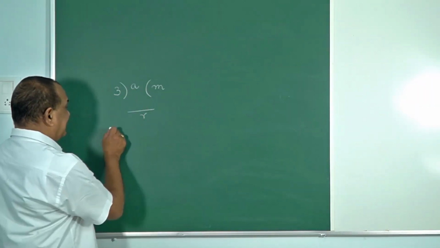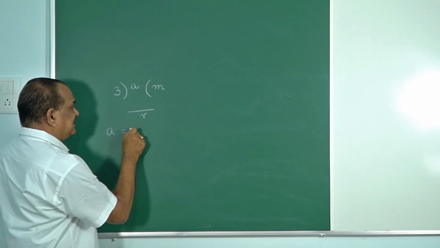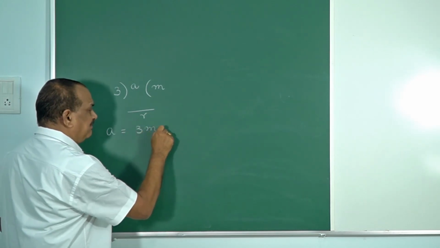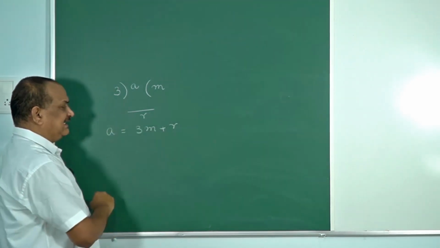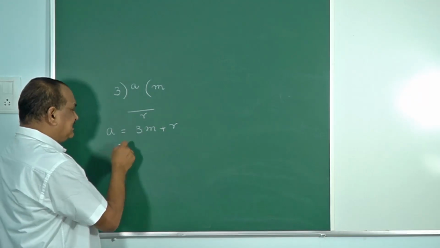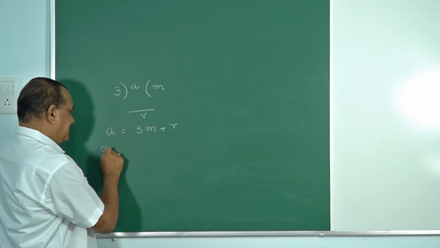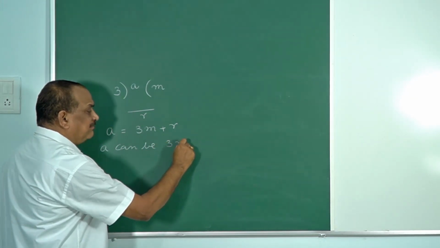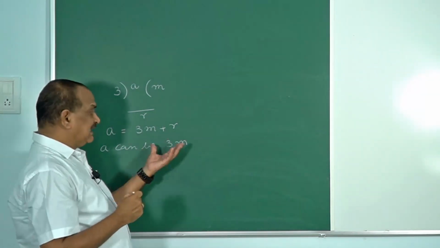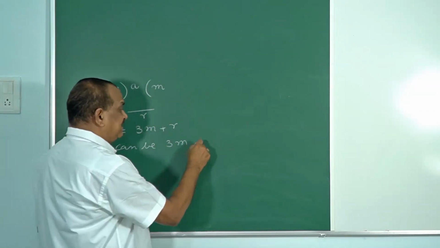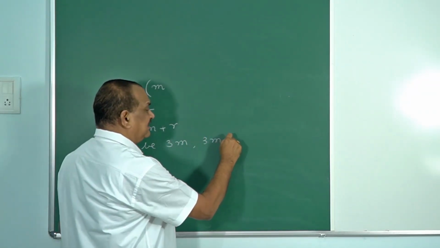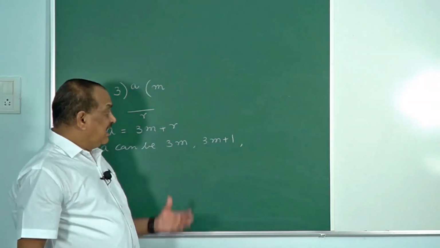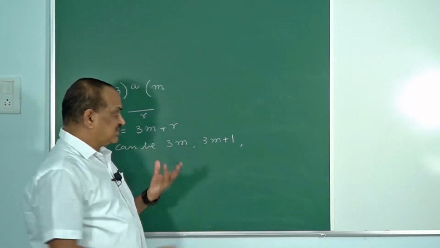Therefore, how do I write this a? a is equal to 3 times m plus r if I write. So what can this be? This a can be 3m plus 0, I don't mention that 0 here. It can be 3m plus 1, or it can be 3m plus 2.